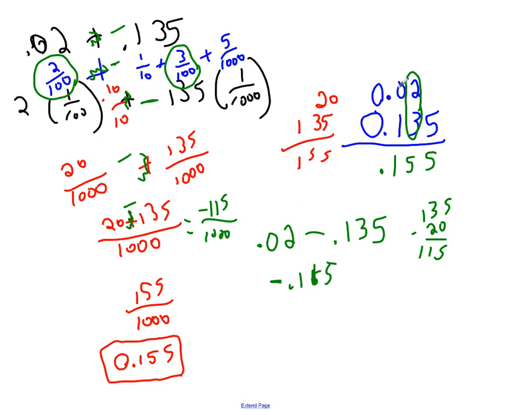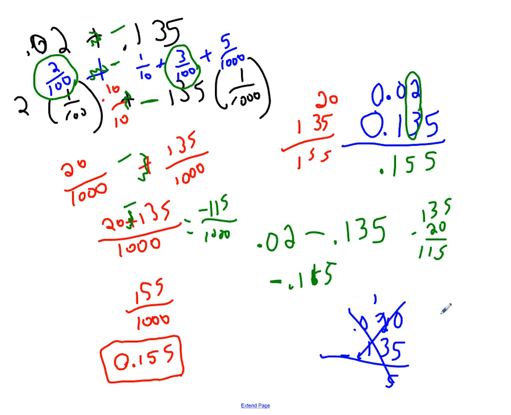But how do we line it up that way? If I do this the old-fashioned way, 0.02 minus 0.135. Okay, 0 minus 5 can't do that, so you borrow. 1 minus 3 can't do that, so there's nothing to borrow from.